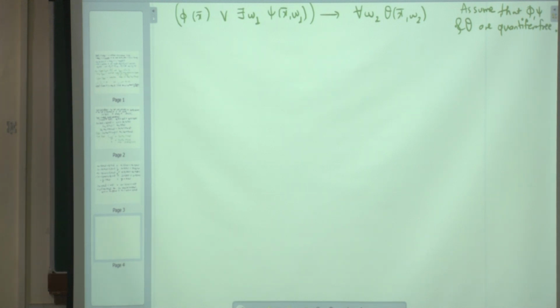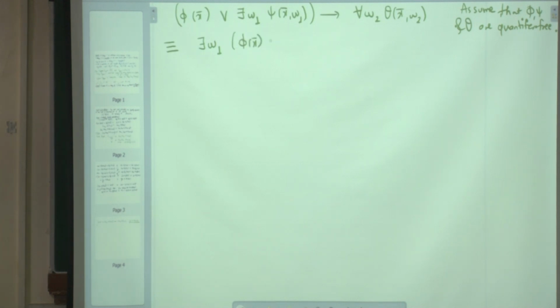Okay, so tell me, up to logical equivalence, what can I do first? Maybe we should first transform the first part of the implication. Tell me how to take that out. There exists W1 such that, inside, what should I write?